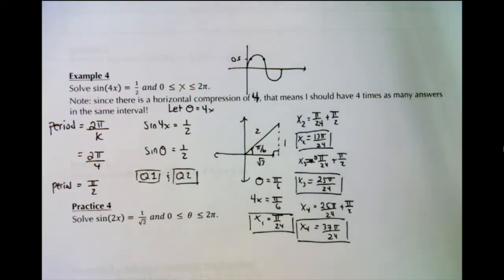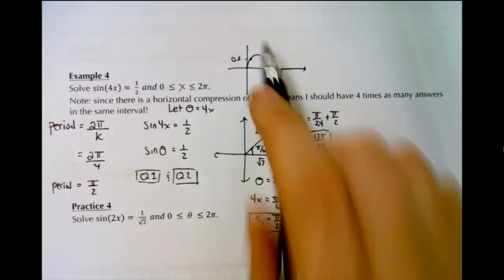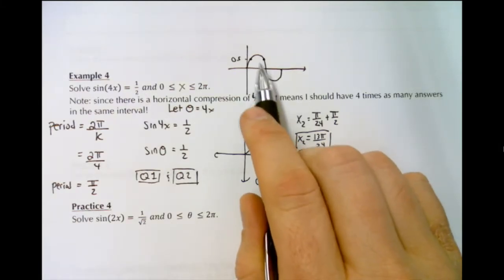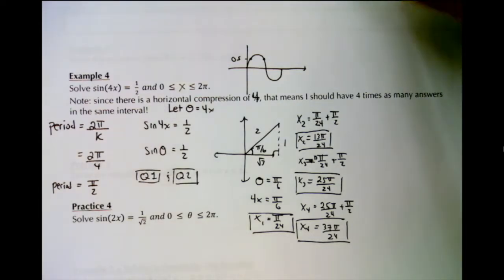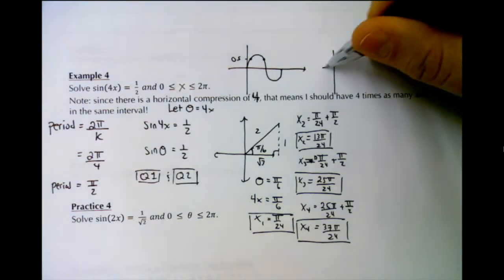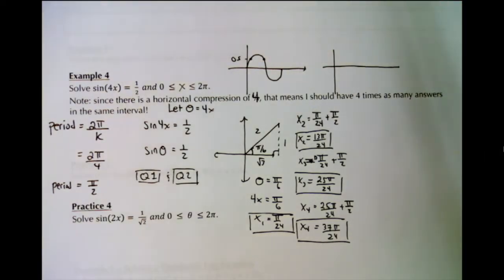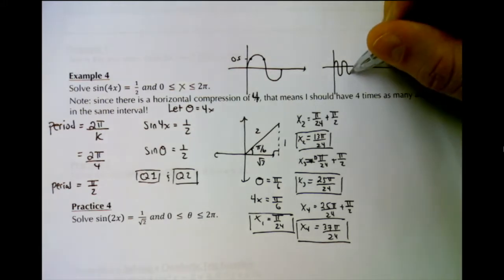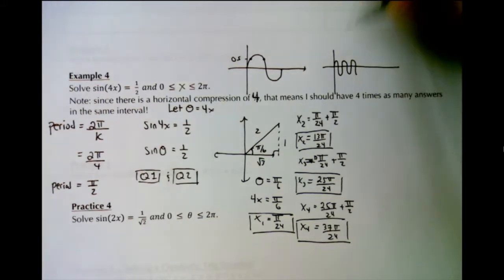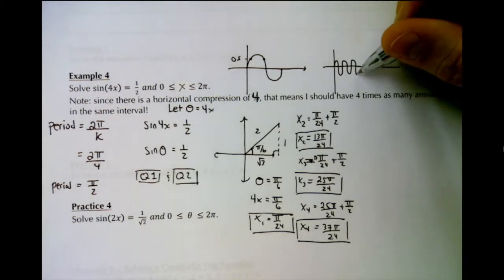And where we would hit it would be pi over 6 and 5 pi over 6, just before pi. And we'll get that value when we do the other quadrant. But what we've done here is we've compressed the graph. So instead of just having one rotation, we have 1, 2, 3, 4.